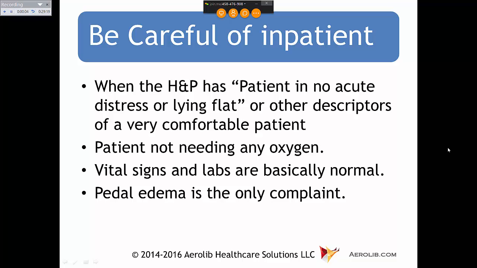So when an H&P has patient in no acute distress or lying flat, or other descriptors of a very comfortable patient, and this, when I talked about concordance of notes, when the ER physician or the ER discharging nurse says patient in no acute distress, vitals stable, the H&P is done an hour later by the hospitalists who say the admitting pulse ox was 82, now 97% on room air, and the nurse agrees with 97% on room air.